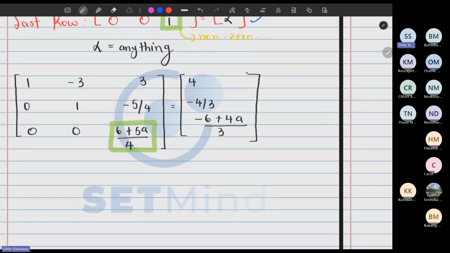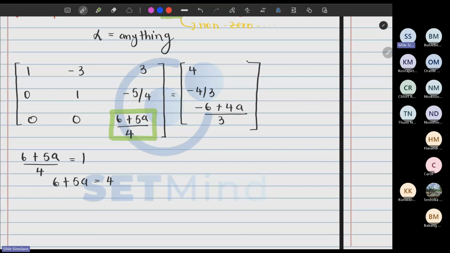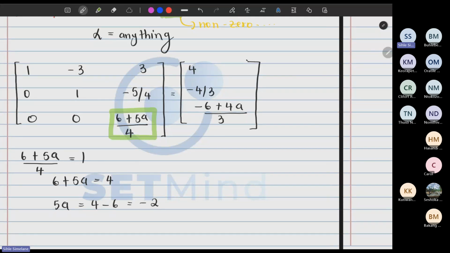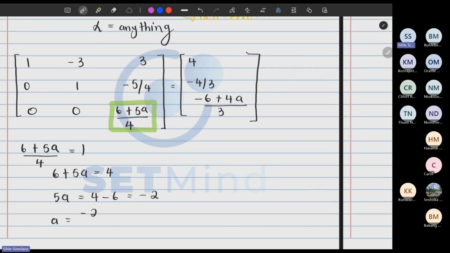So let's say our 6 plus 5a over 4 is equal to 1. And then when we solve, we have 6 plus 5a is equal to 4. And then we transpose, we have 5a equal to 4 minus 6, which is minus 2. And then our a will simply be negative 2 over 5.